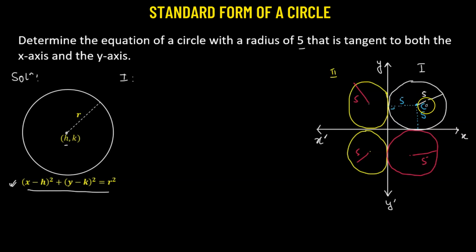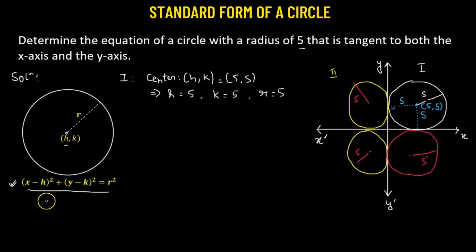That means the coordinate of the center is (5, 5). So now we have a center, which is given by (h, k). We found out that this is (5, 5). This immediately tells us that the value of h is going to be 5 units and the value of k is going to be 5 units, and the radius is also going to be 5 units.